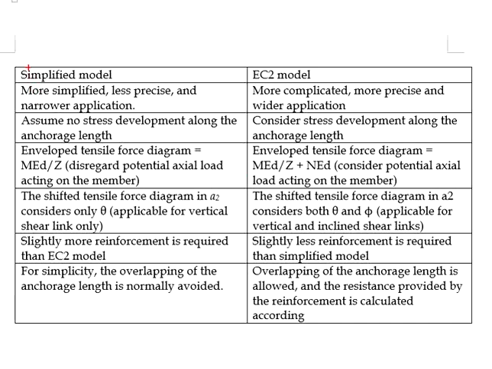First, the simplified model is more simplified as compared to the Eurocode 2 model. However, it is less precise and has narrower applications. Whereas the Eurocode 2 model is more precise and has wider applications.